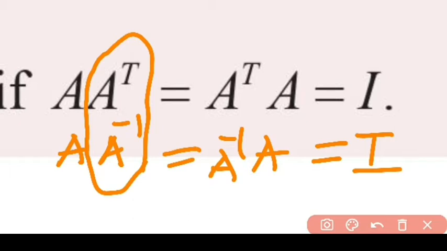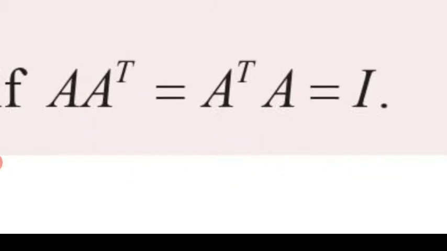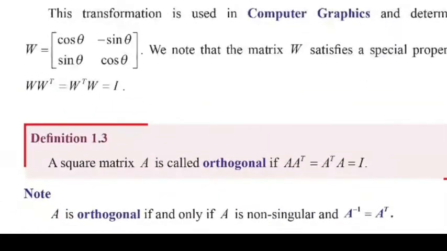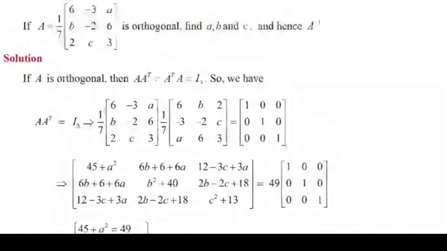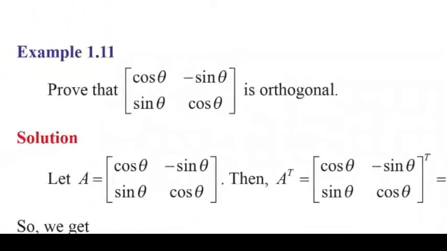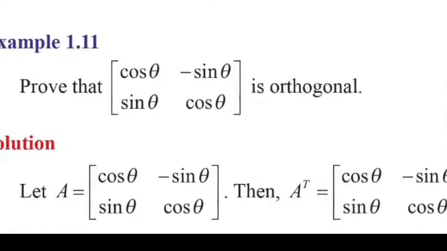Okay, let's see an example for the orthogonal matrix. So this is the condition. Example 1.11: a matrix is given. Actually, we assume that A matrix is cos theta, minus sin theta, sin theta, cos theta.